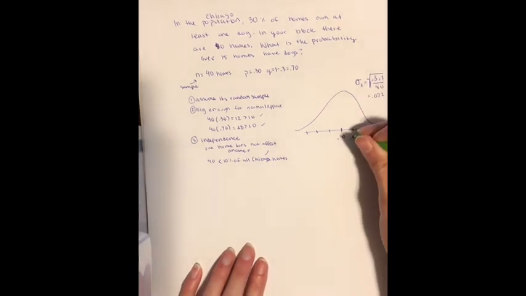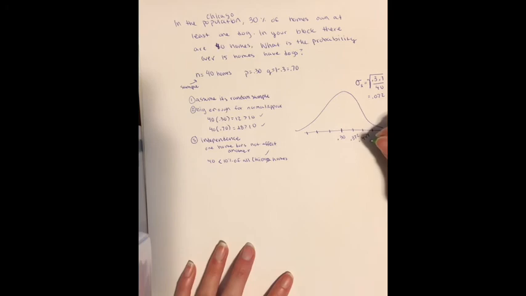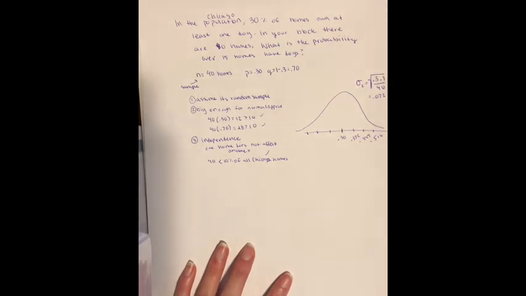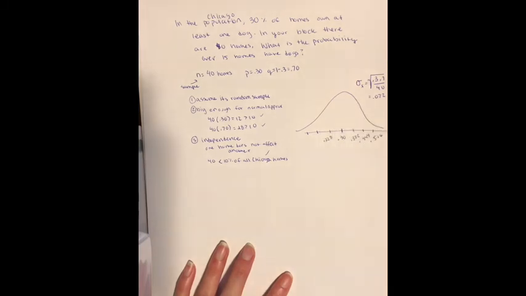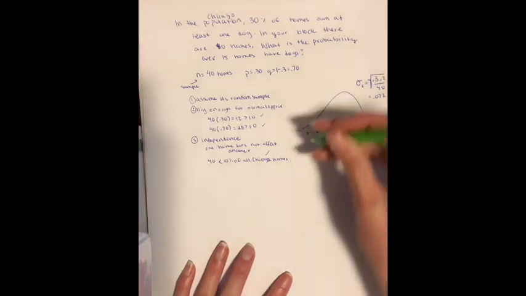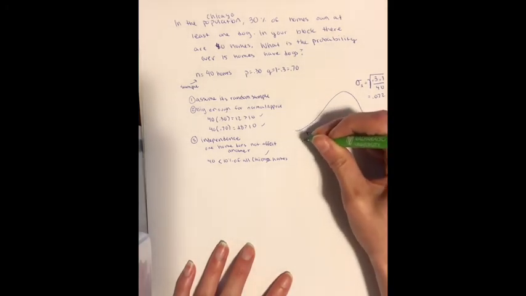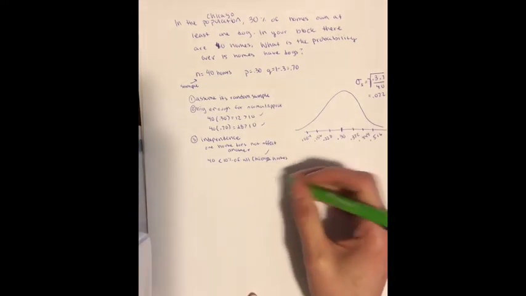So this is 0.372, 0.444, 0.516, and then the other way, 0.228, 0.156, 0.084.